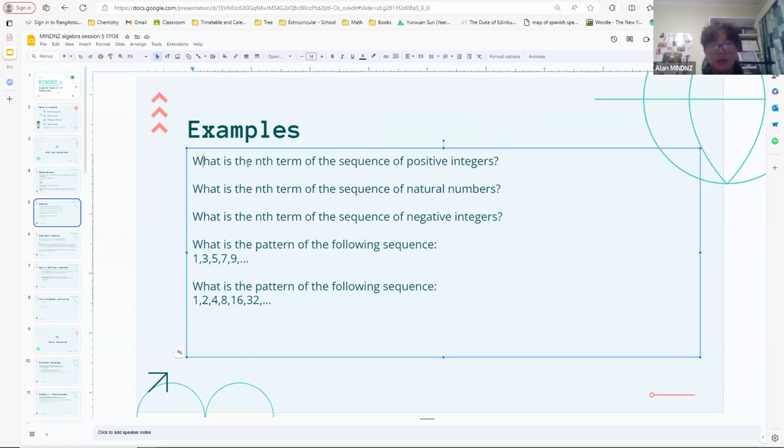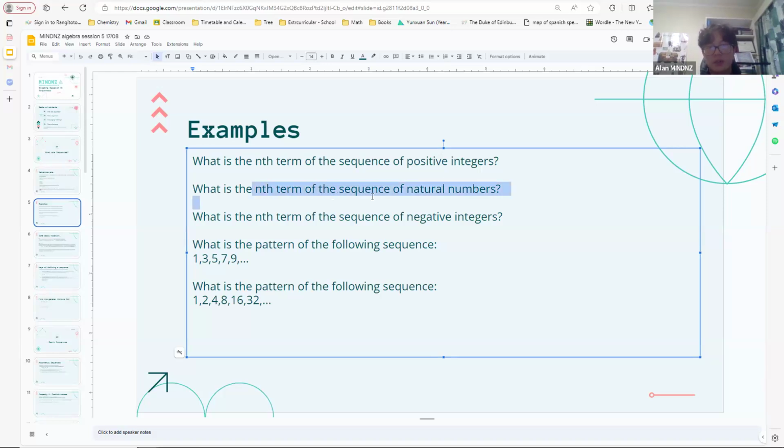And then here are some examples. What is the nth term of the sequence of positive integers? Can anyone tell me in chat? Yeah, Emily, that's correct. It is n.